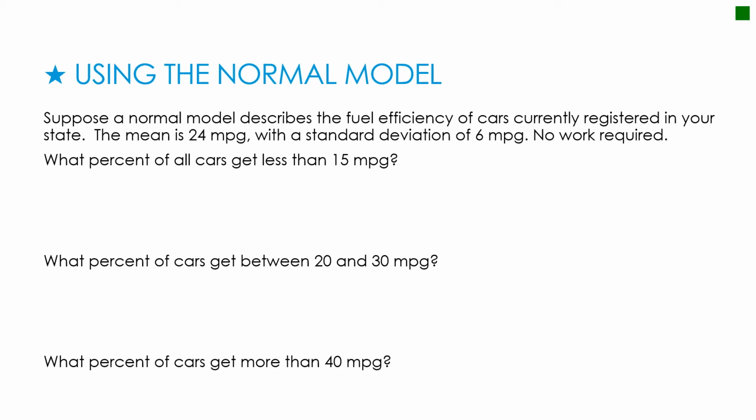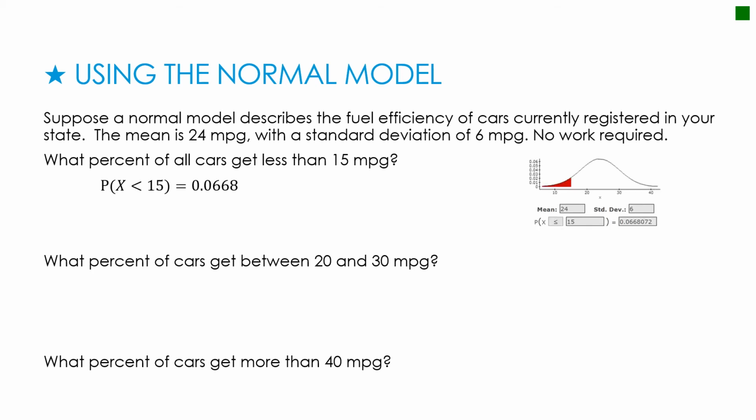So notice here, it gives me a normal model and it tells me that the mean is 24 and the standard deviation is 6. And so if I'm going to do this in StatCrunch, then 15 is the number that I'm going to put where it says P is probability that X is whatever. I'm going to choose less than or equal to 15.